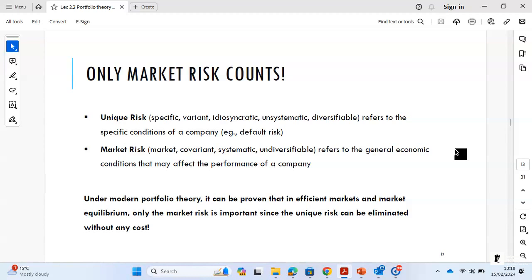So the relationship between risk and return is between the systematic component of the risk and the expected returns. Only the market risk is important, because the unique risk can be eliminated. And how can that unique risk be eliminated? Through diversification.